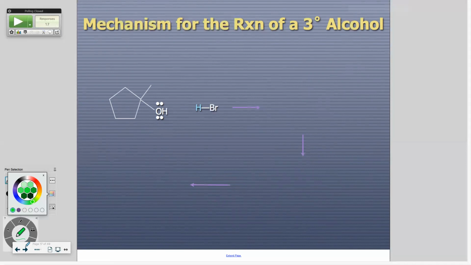So what am I going to do first? I'm going to grab the H, and then the electrons go to the Br, and you can put all your little lone pairs on there if you want. So what do I have right now? Oh, look, there's an arrow there. You just can't read it.